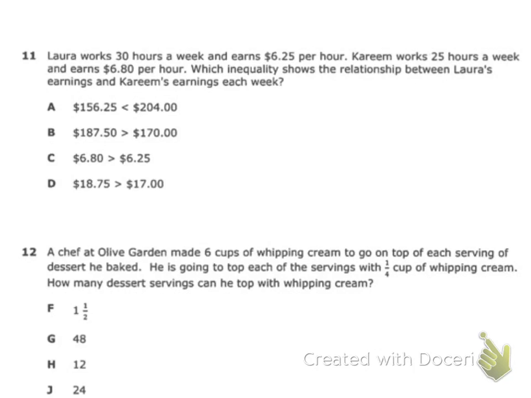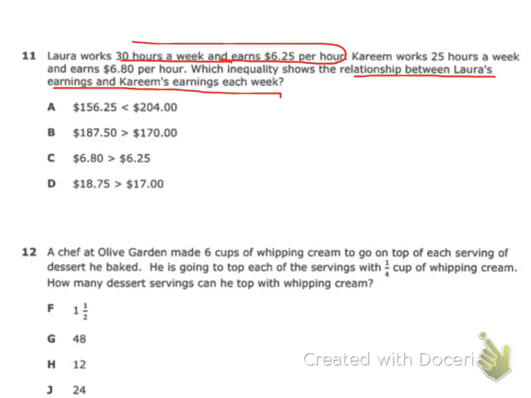Alright, so that question, the relationship between Laura's earnings and Kareem's earnings. Earnings is how much they make for all the work they've done, not for just each hour. So when it says Laura works 30 hours a week and earns $6.25 per hour, that's her earnings.